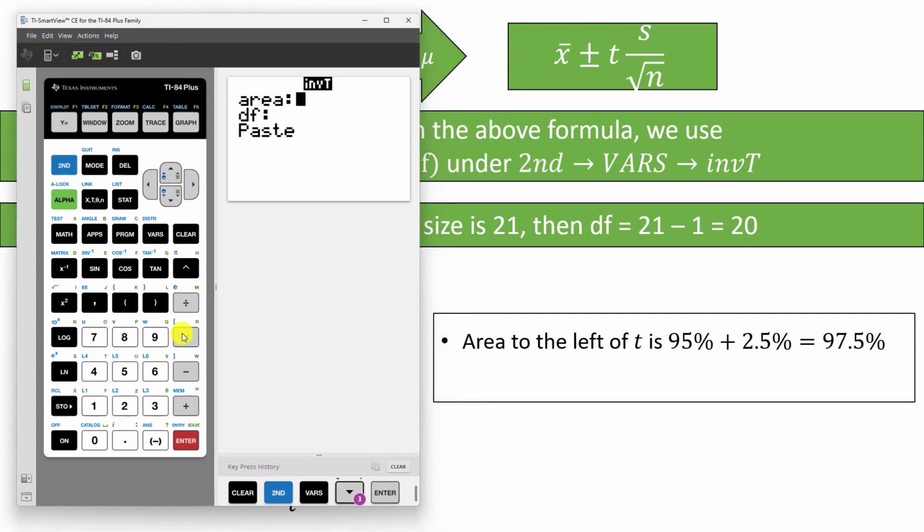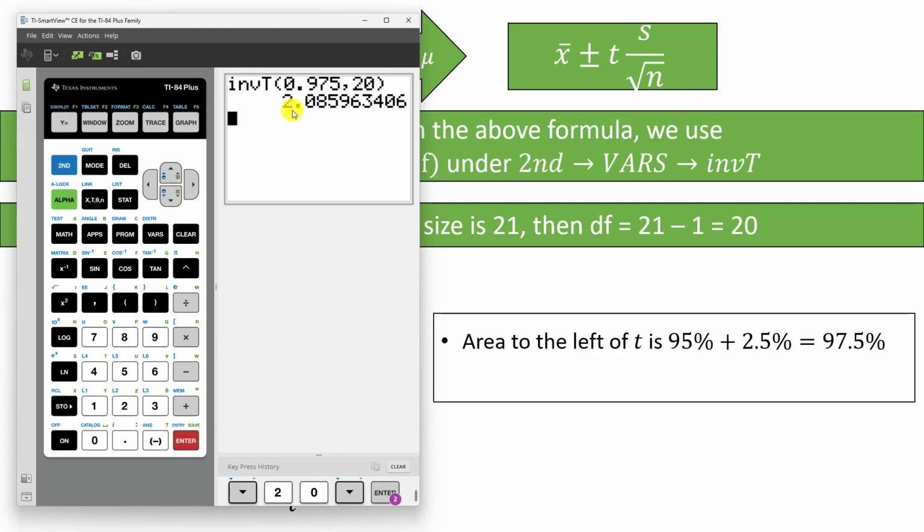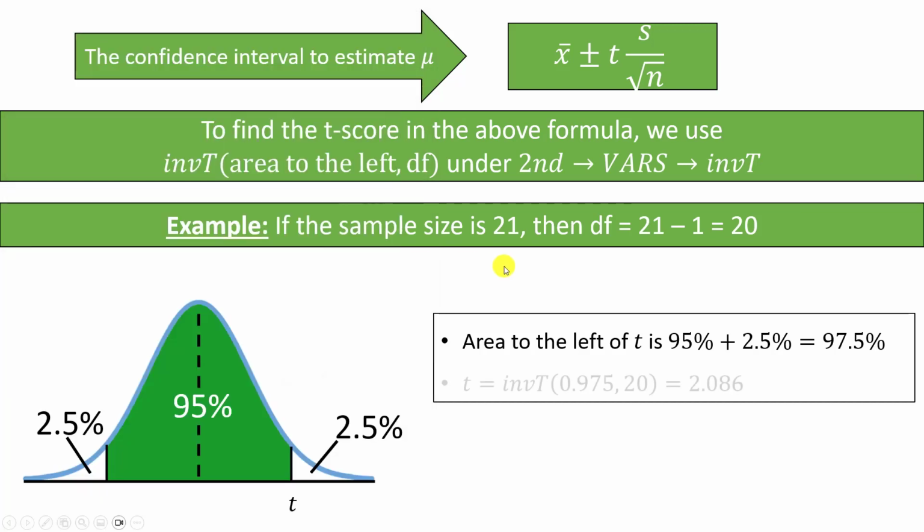We need to put this in as a decimal, so we put in 0.975. The degrees of freedom are 20, so we put in 20. Go down to paste, press enter, and you will get the t-score of 2.086. The t-score that should be used in the confidence interval formula based on this situation would be 2.086.